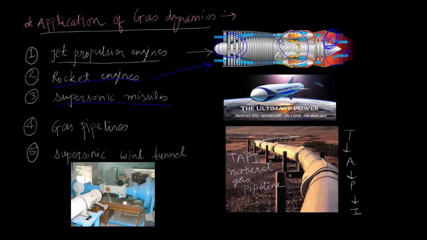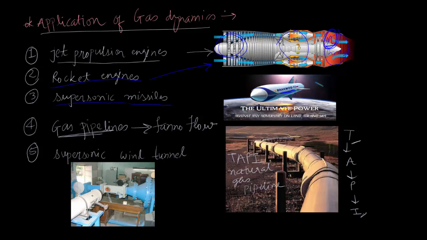So natural gas will be extracted in Turkmenistan, then it will be transported through Afghanistan and Pakistan to India. And we all know that natural gas is a compressible gas. And particularly, we will apply Fanno flow equations to this problem of natural gas transportation.